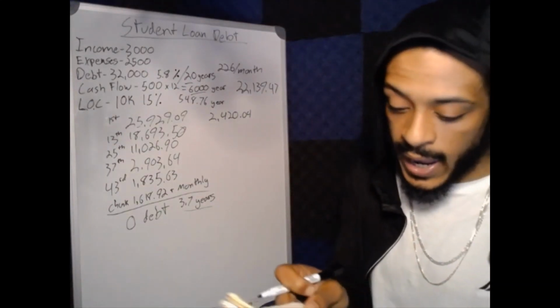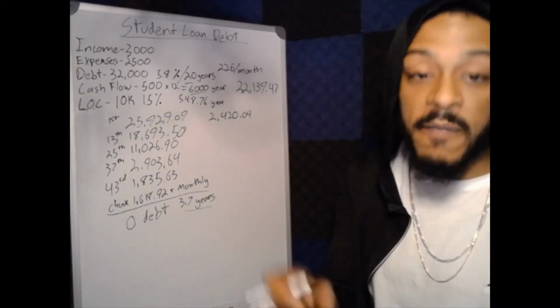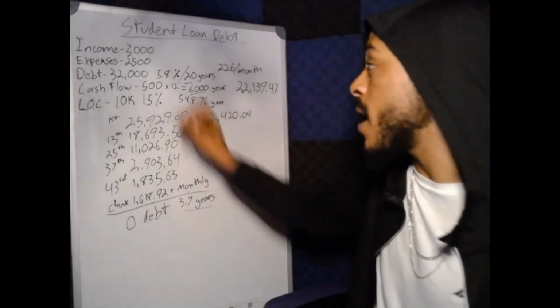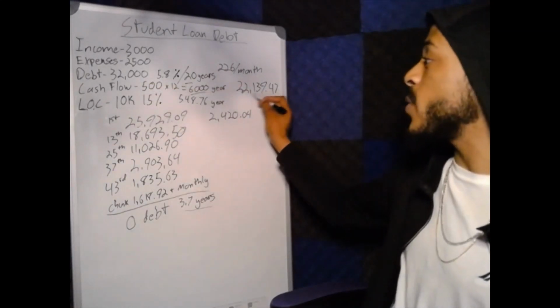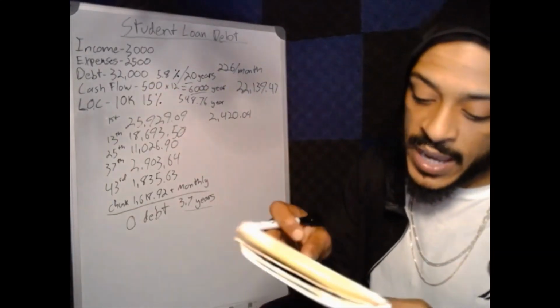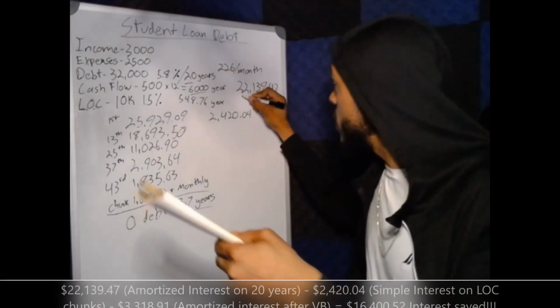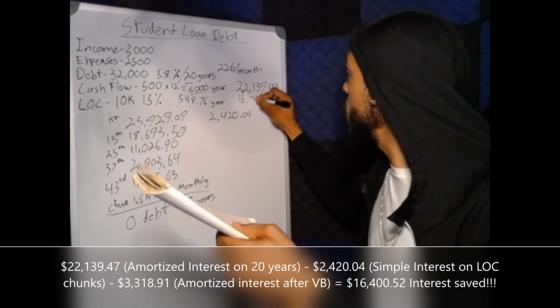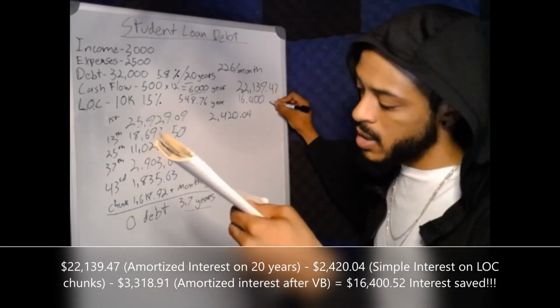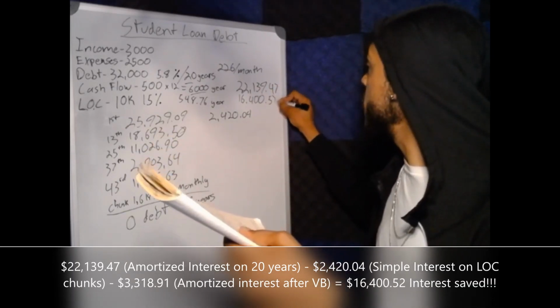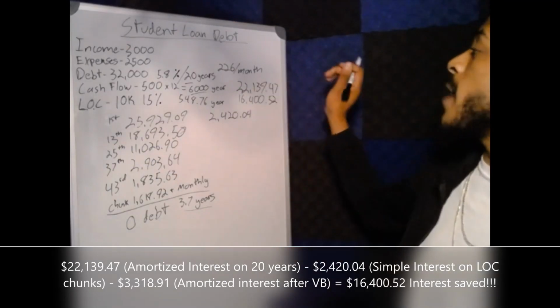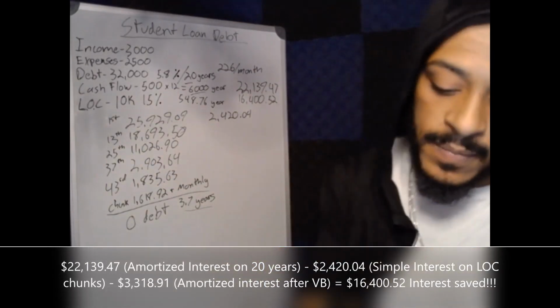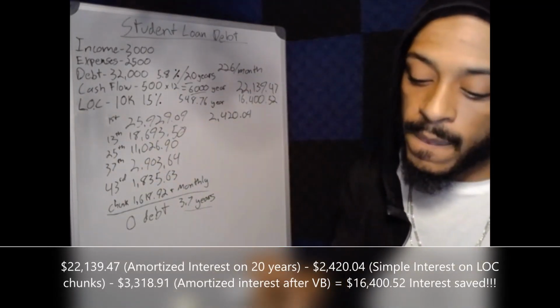Right? And the amount of money you would have actually paid on this debt out of the $22,000, you would have saved yourself $400.52, right?